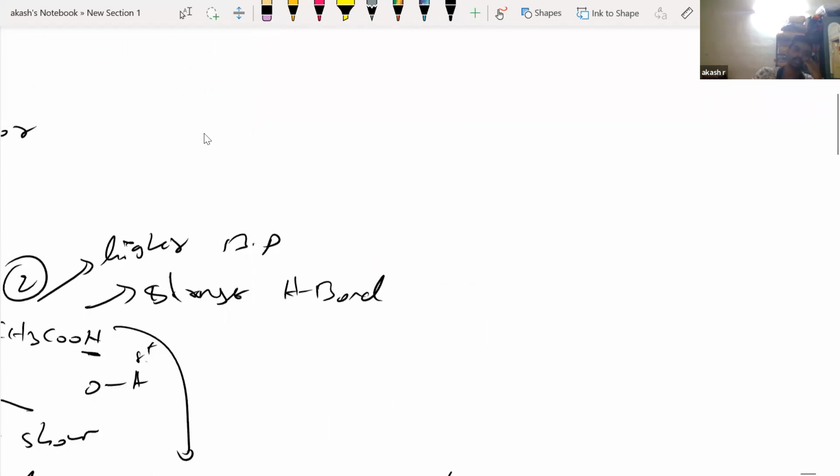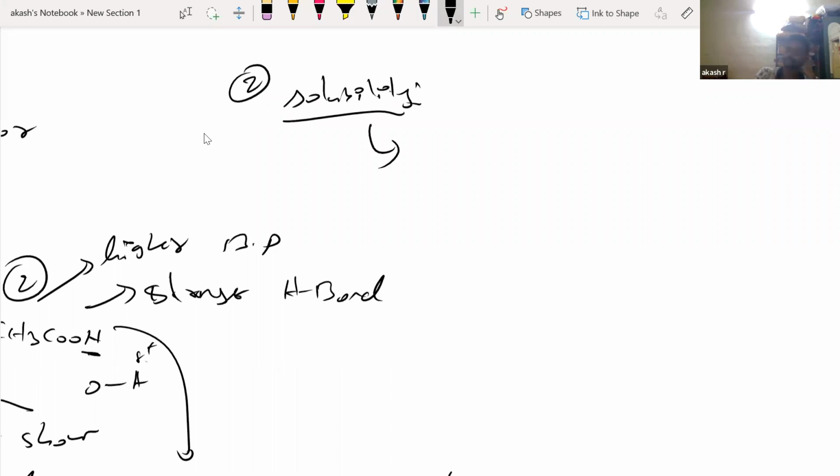The second physical property is solubility. And we all know the famous mantra, like dissolves like. In this case, we don't have to follow that.